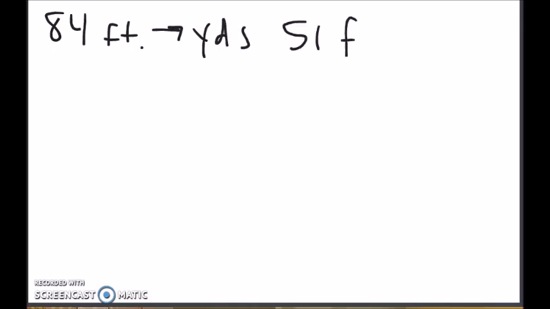Okay, I'm going to show you guys one way that I thought of to solve 84 feet into yards, and then 51 feet also into yards.